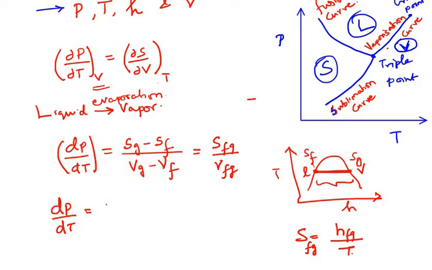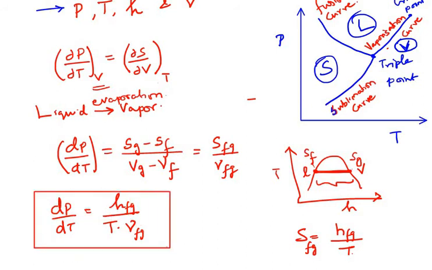So instead of S, I can write the enthalpy change divided by temperature, with the specific volume Vfg. So dP/dT is equal to Hfg divided by T times Vfg.